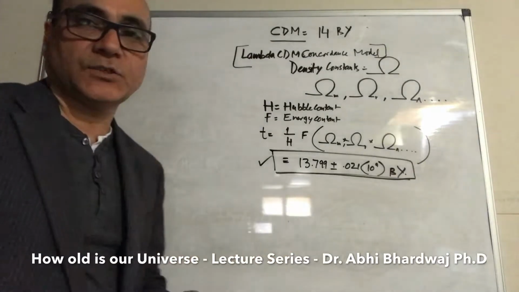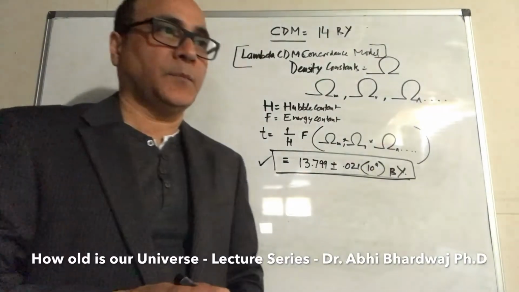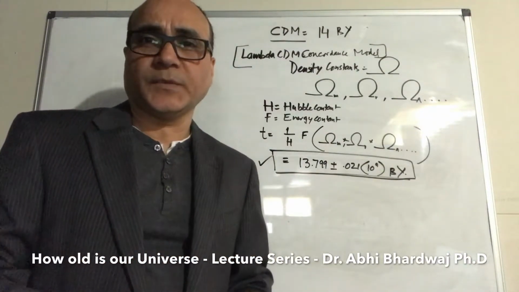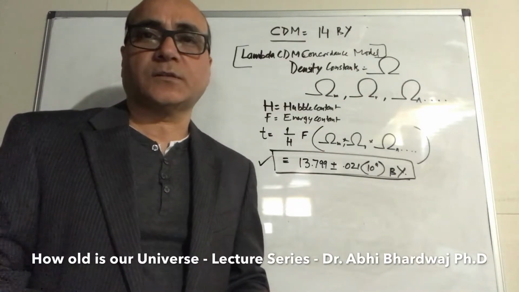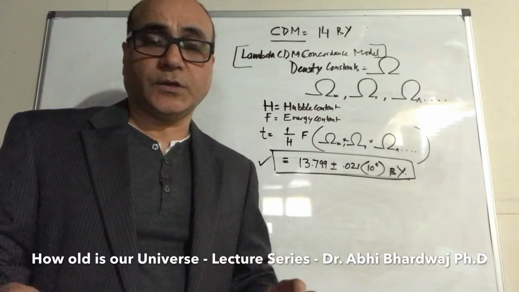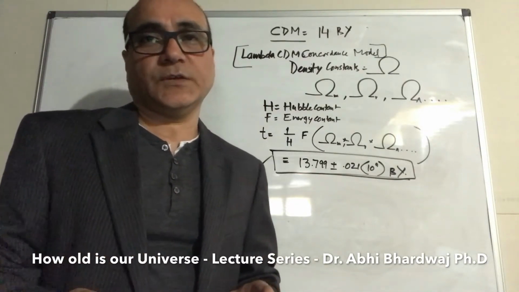But there are other methods to calculate the age of the universe, because we know by redshift that all the galaxies are moving away from each other, and if we calculate the velocity and the speed of these galaxies in the universe, we can find out the age of the universe also.